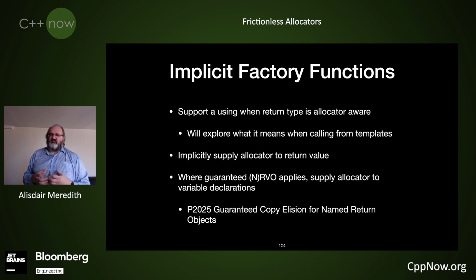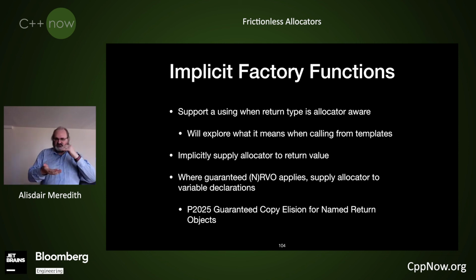And if we look at features being proposed for C++23, we've got the guaranteed copy elision proposal, P2025, that says there's a different range of places where we can now deduce that the return path for the return object is always distinct. So I might have multiple if, else if, else if, else, and each one has its own return.